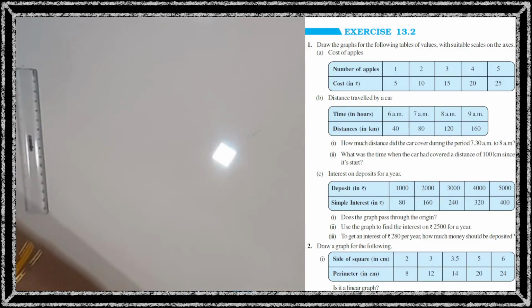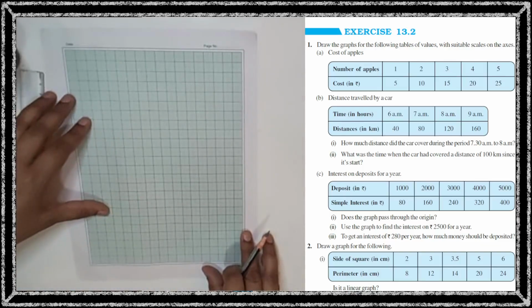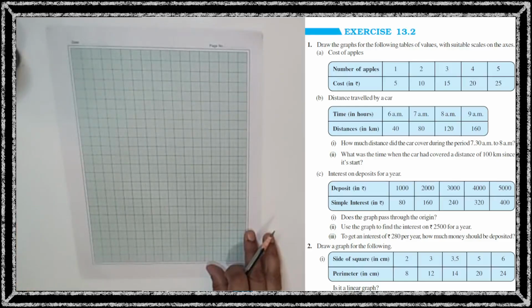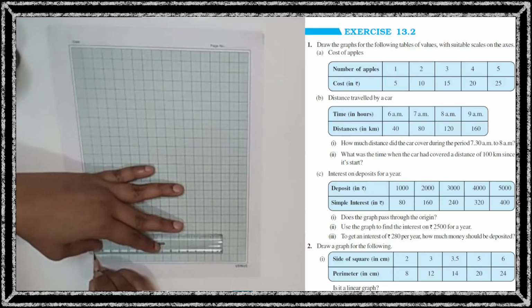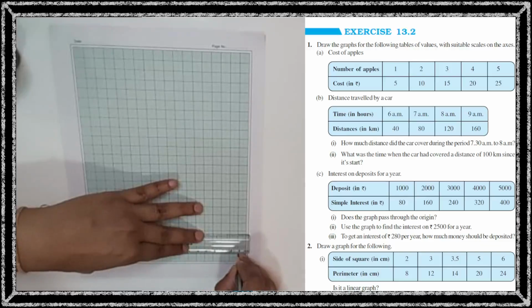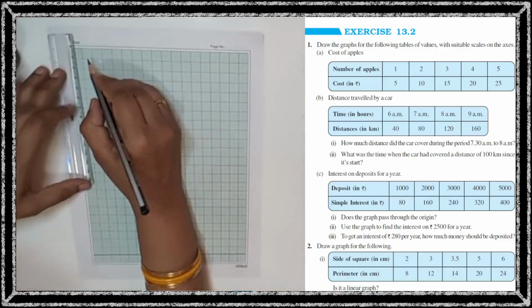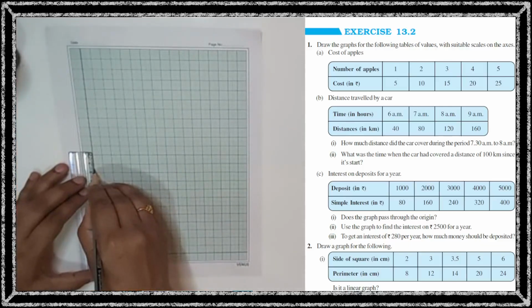Next, let us look at this B bit, distance traveled by a car. Here the data that we have is time and distance. So I'm going to take time on my x-axis, and distance on my y-axis.